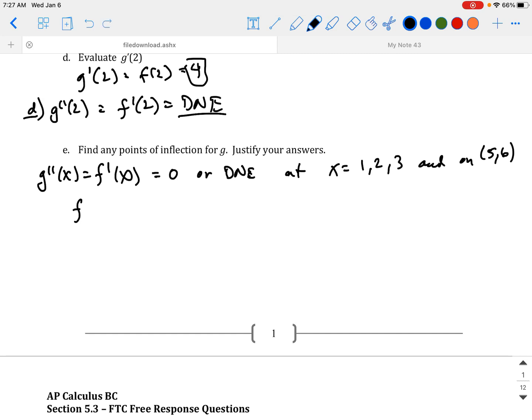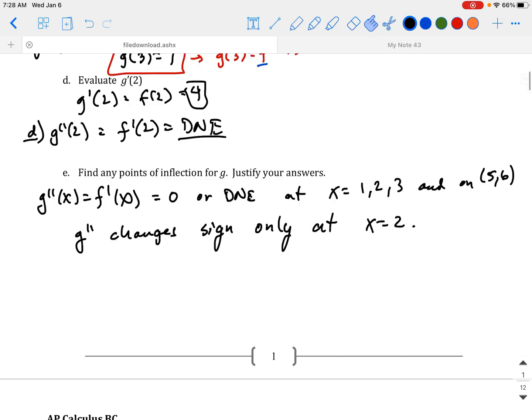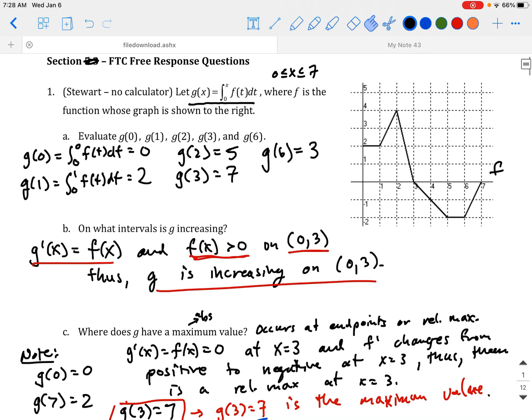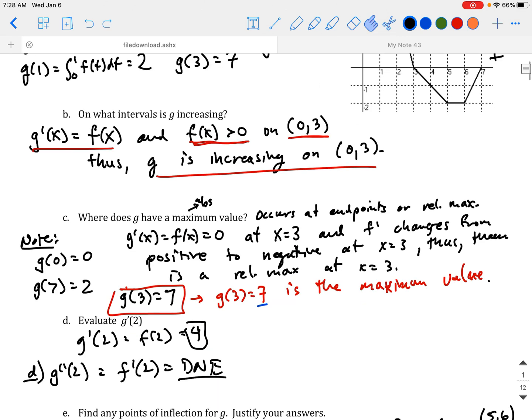So g double prime changes sign only at x equals 2, so it changes from positive to negative concavity. So concave up to concave down. At 3, it goes from concave down to concave down.